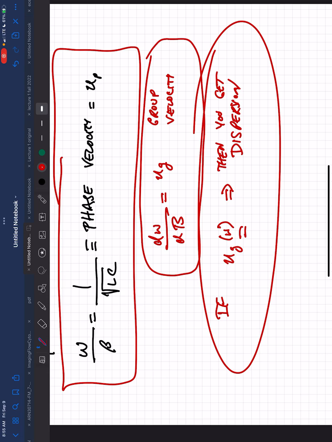Even if I didn't have any loss in my transmission line, if I put a square wave into one end, because of dispersion it's going to start getting distorted. The square wave has a bunch of cosine components added together at specific frequencies.